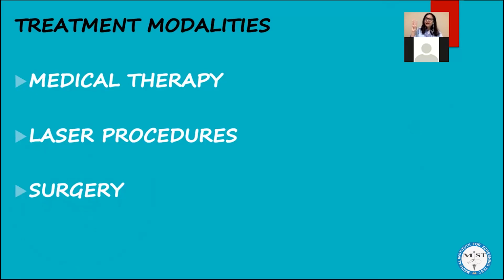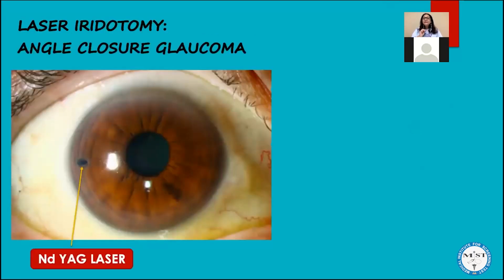The medical therapy, which is the first line treatment. I have laser procedures which I can employ, and then if the patient is not getting controlled, the surgical option has to be employed. So, medical therapy, laser procedure, surgery. Medical therapy will be discussed by Dr. Saurabh sir.